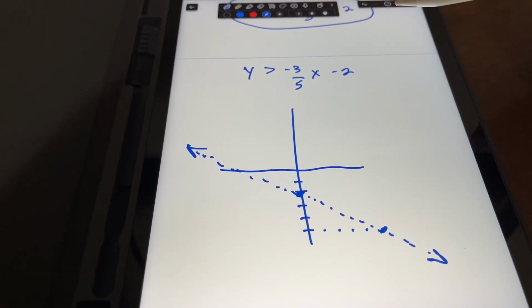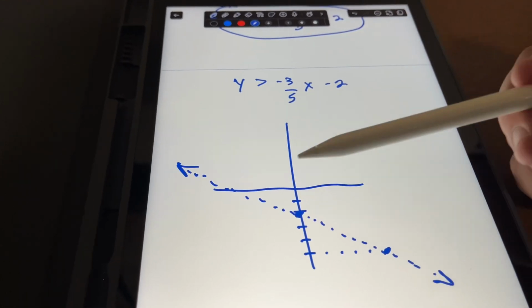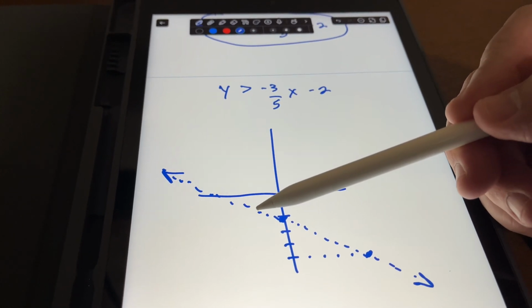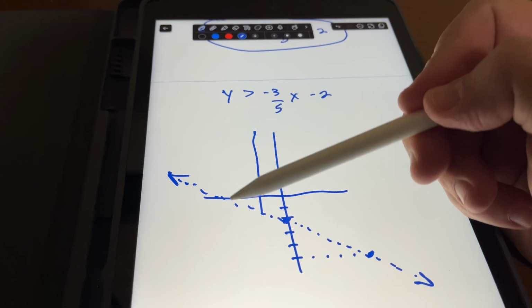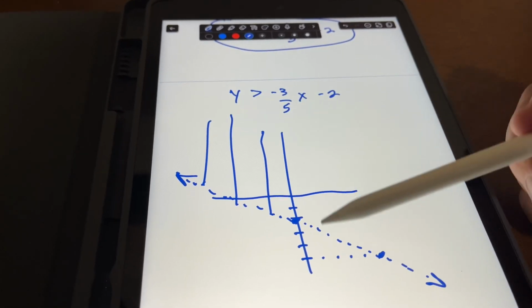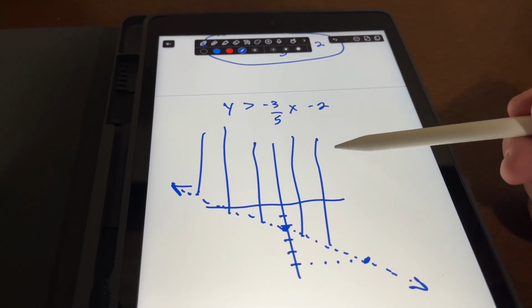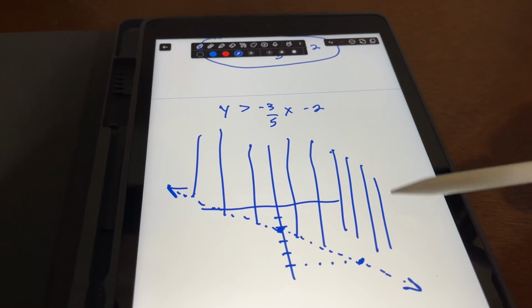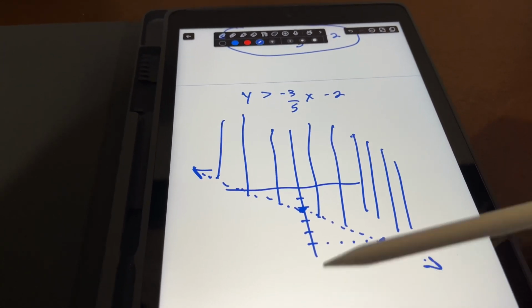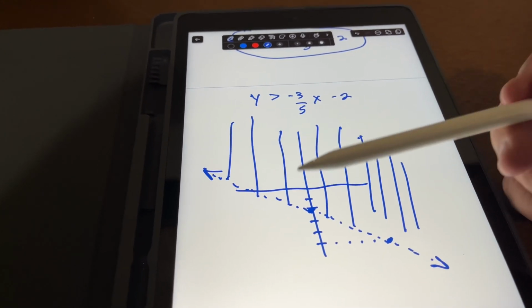So I have a dotted line, and now because it's greater than, I'm going to put my pen on the line, and it's greater than, so I'm going to shade up, so up from the line. So what this means, I'm shading. I either needed to shade above or below the line. Since it was greater than, I shaded above.